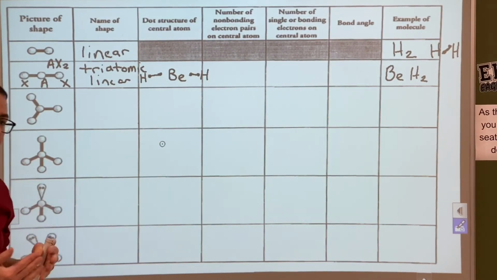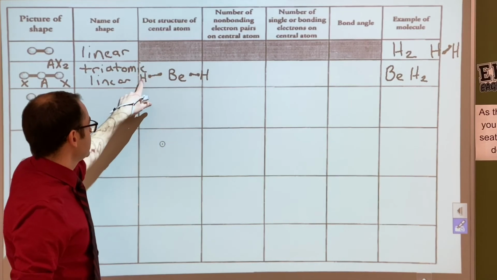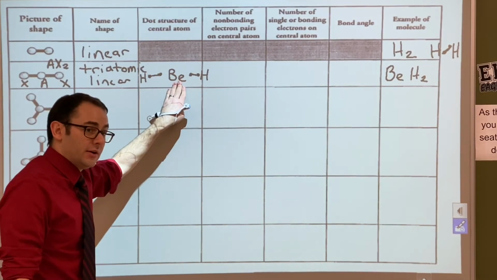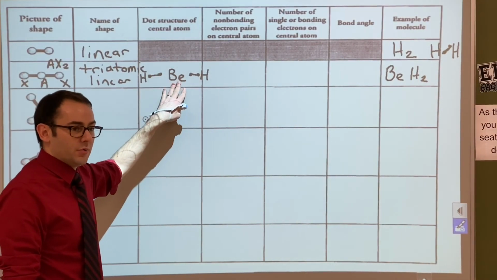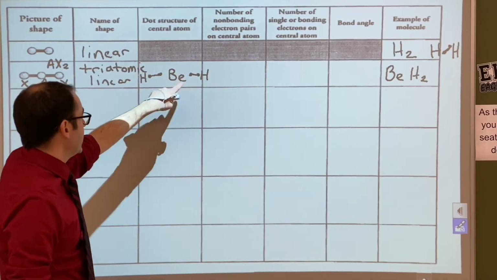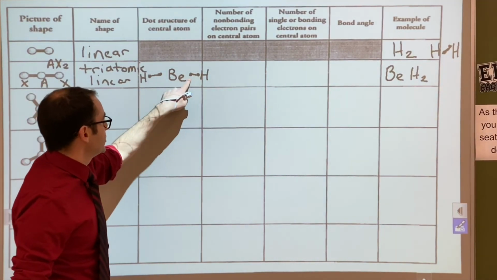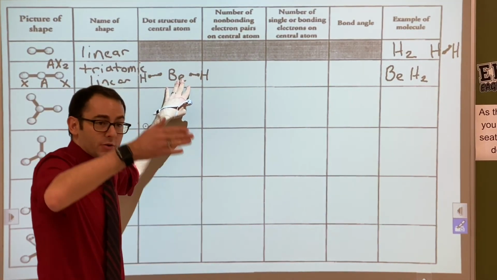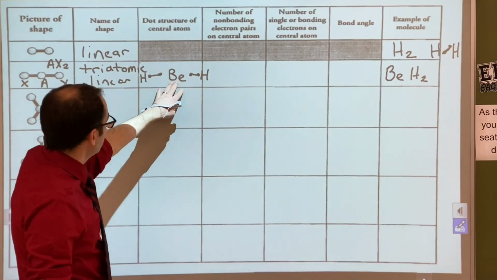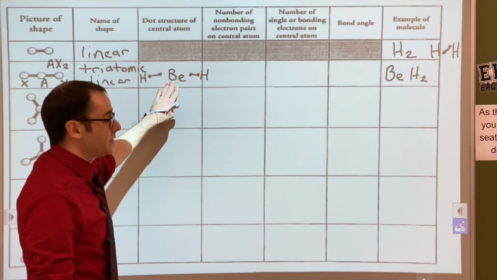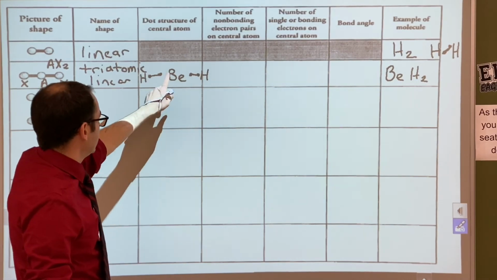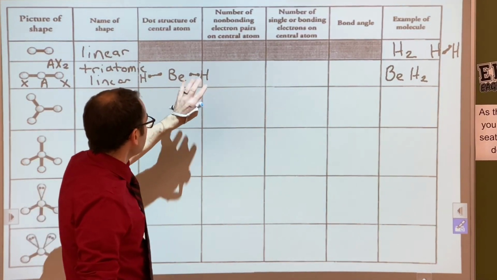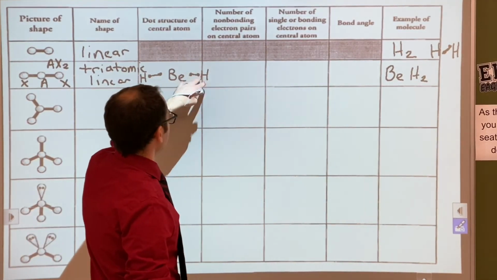Now this is an exception because usually everything besides hydrogen wants to have 8 around it, but this only has how many around it, the beryllium? It only has 4, yeah. 2 from over here and 2 from over here. So beryllium and those group 2, if they covalently bond, they're going to form like this. Okay, not all of them are covalent, but we'll talk about that more later on.